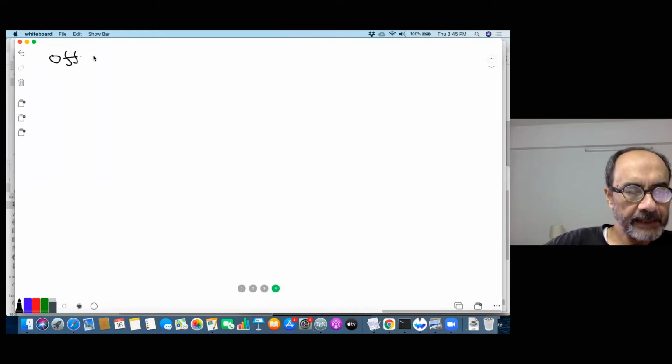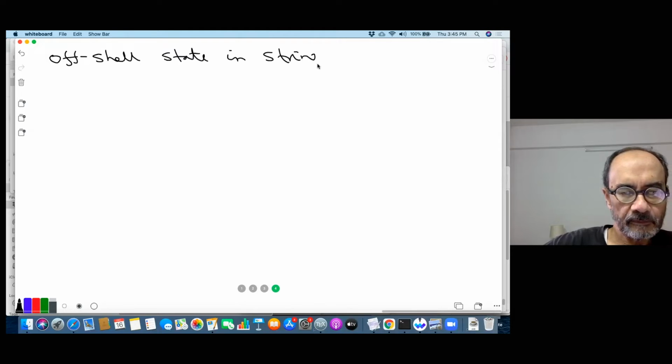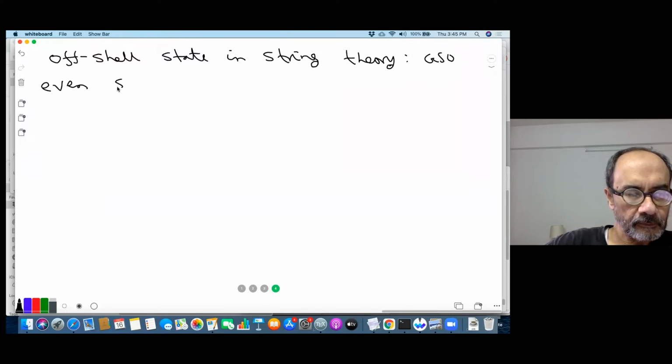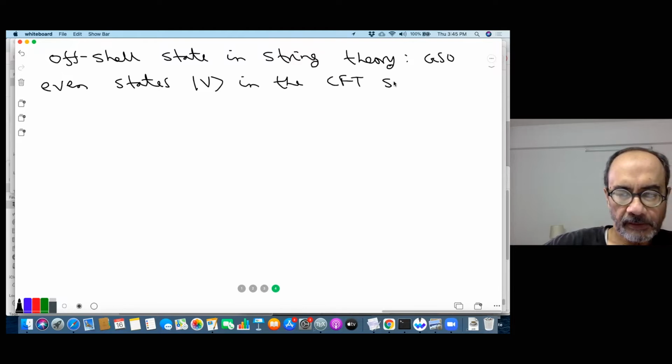So off shell states, these are GSO even states V in the CFT, which satisfy several conditions.